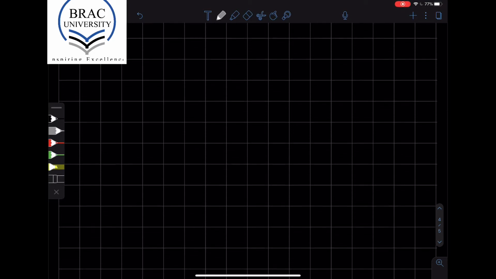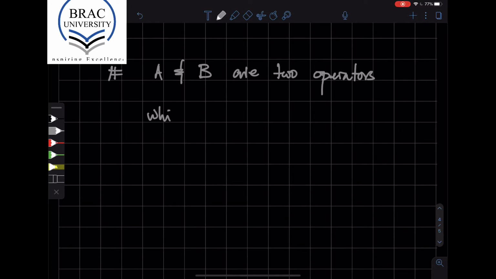So this is kind of a theorem, and let me prove this. The theorem is that suppose A and B are two operators which commute.